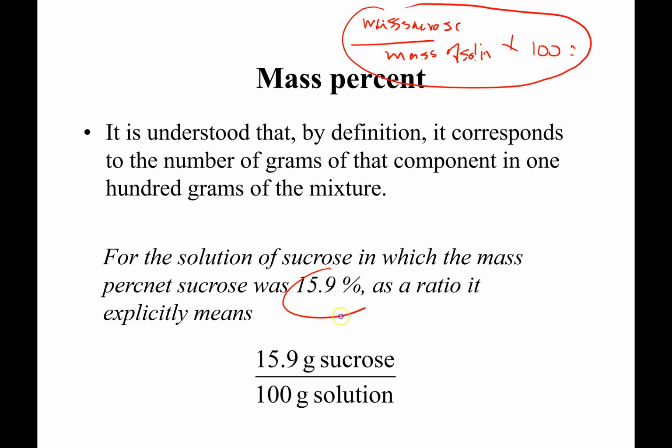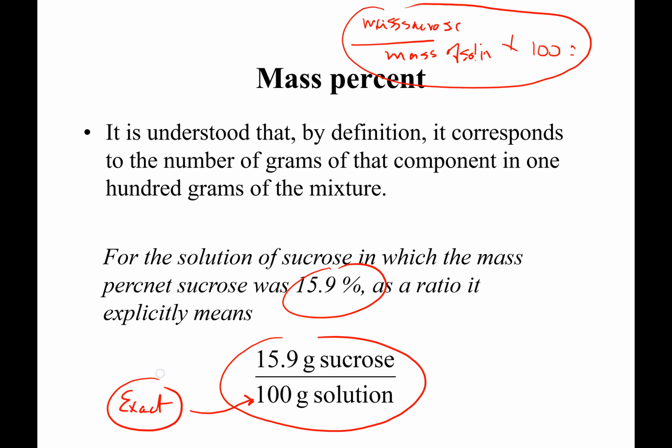What 15.9% by weight means is this. By definition, percent means parts per 100. So that means there are 15.9 grams, in this case of the component sucrose, in 100 grams of the solution. Like our one was exact, this also is exact. That's by definition. That's what the percent means.